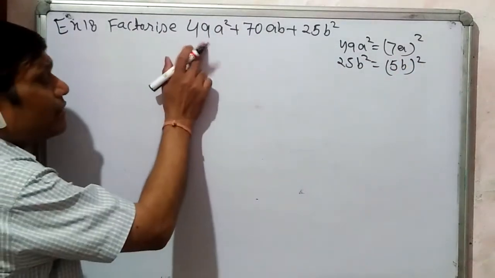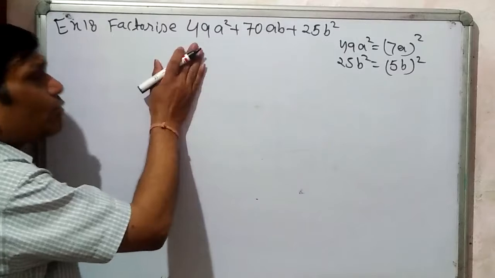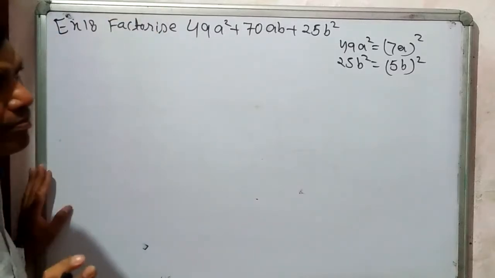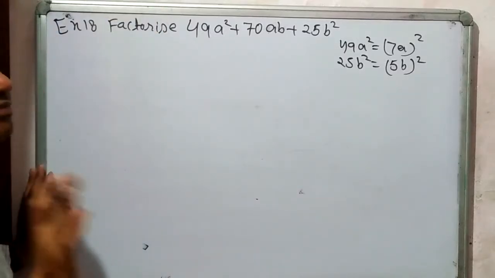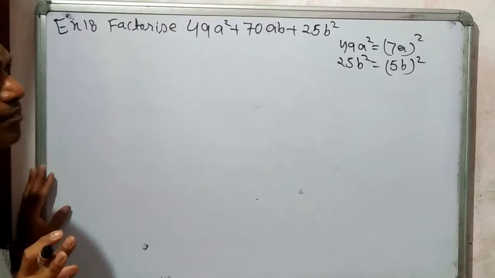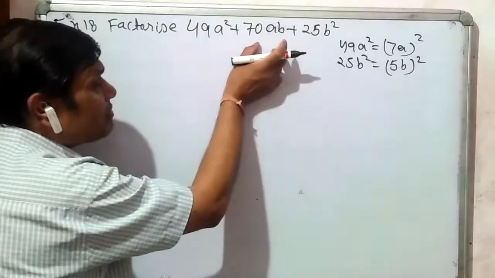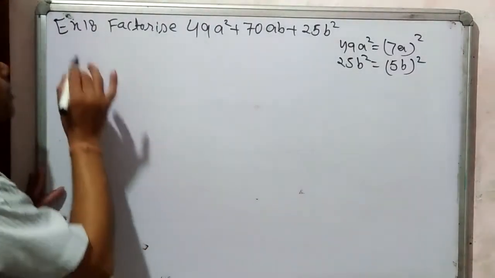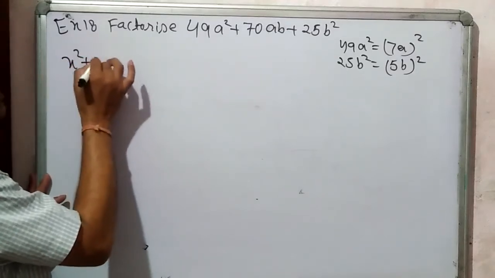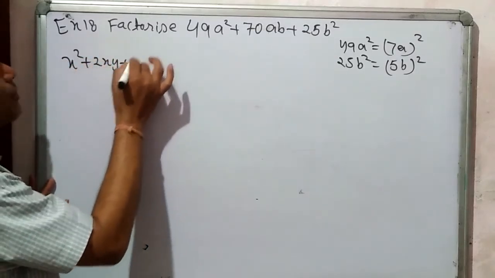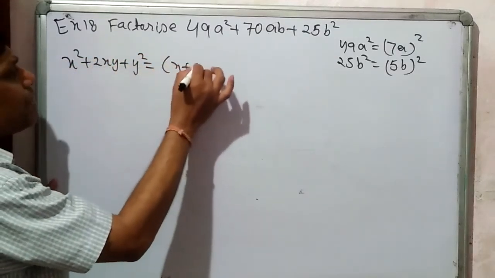That means this expression is one out of the first two identities. In the first two identities we had two perfect squares. Because there are only positive signs, it should match up with x square plus 2xy plus y square equals (x plus y) whole square.